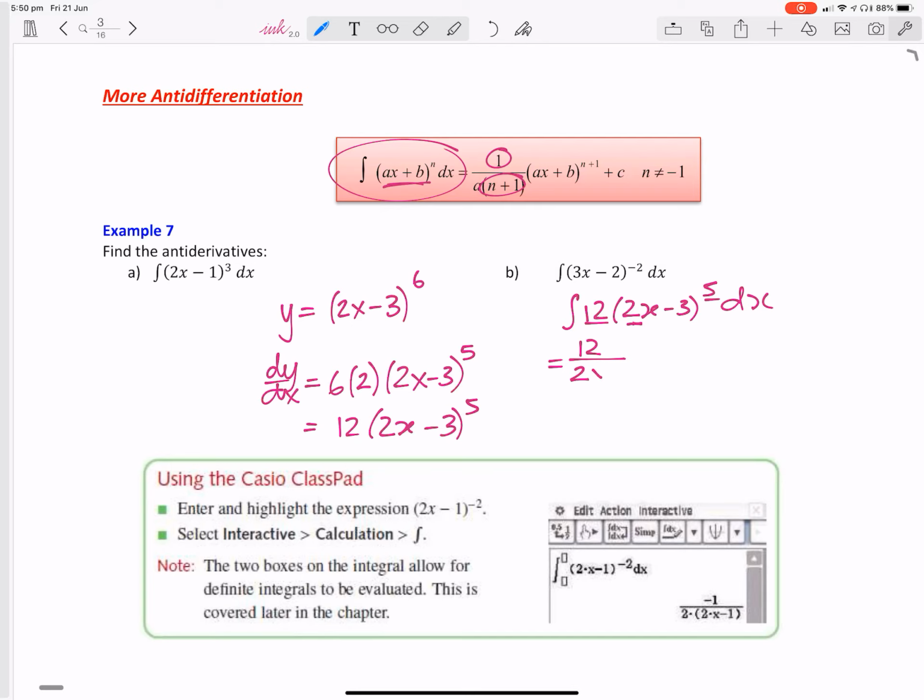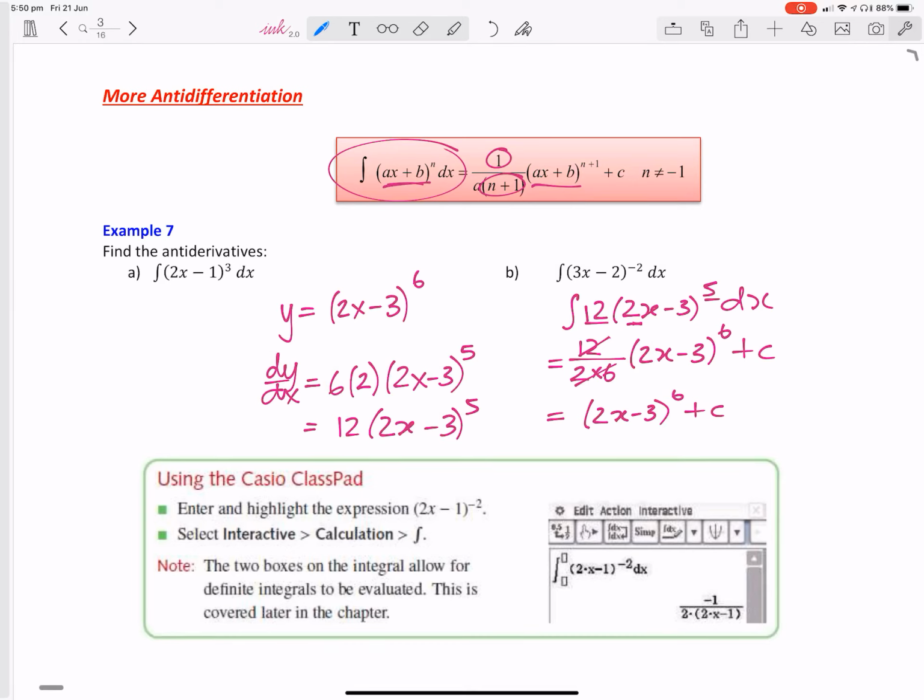So our new power is going to be 6. Then it's the bracket to the power of n plus 1, plus c. And you can see from here, 12 on 12, they cancel each other out. So we end up with (2x - 3) to the 6 plus c.